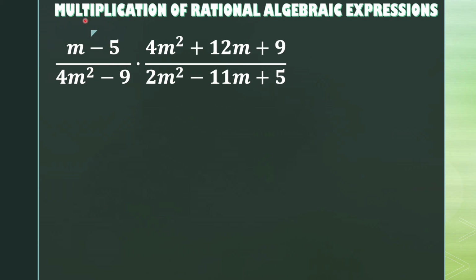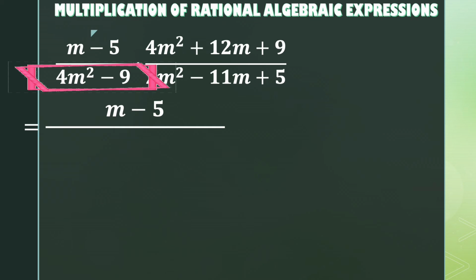Okay? So, m minus 5, naka-simplest form na yan. That is m minus 5. Okay po? Then, proceed tayo dito sa denominator ng ating first expression, which is 4m squared minus 9. So, 4m squared minus 9 is an example of a difference of two squares. Okay?